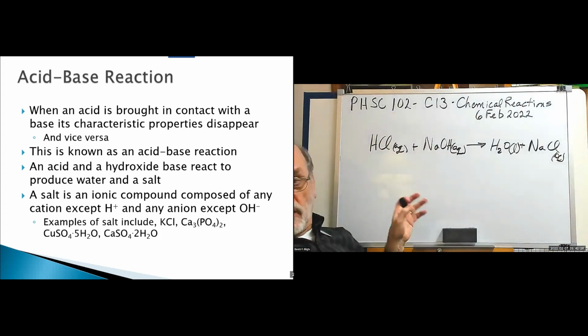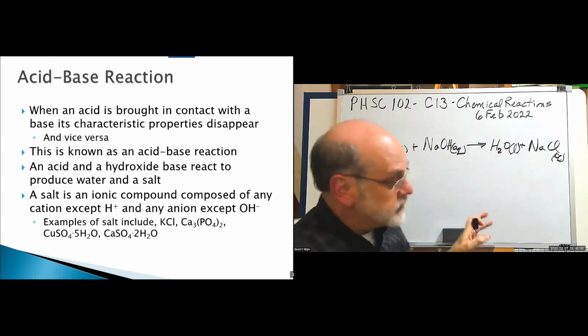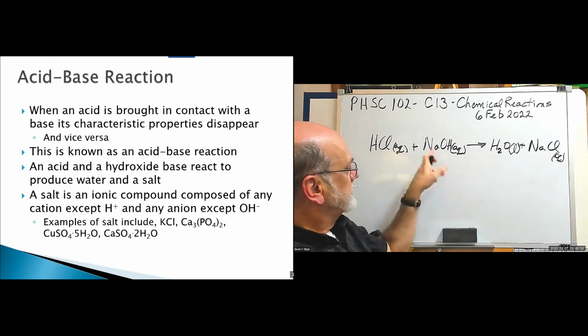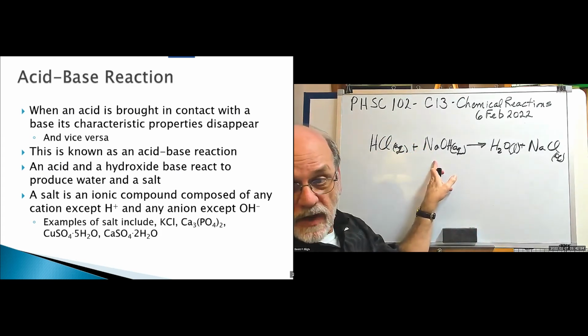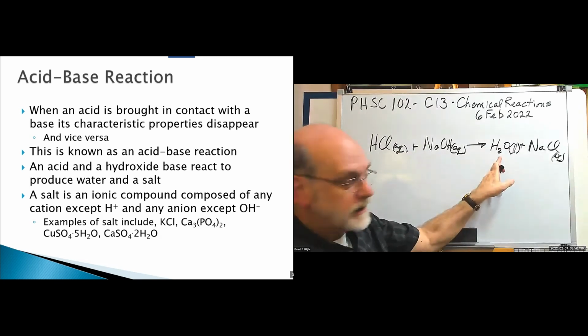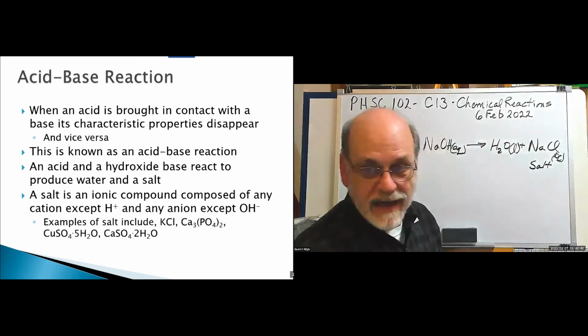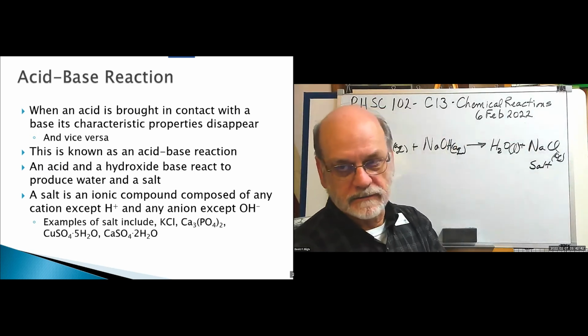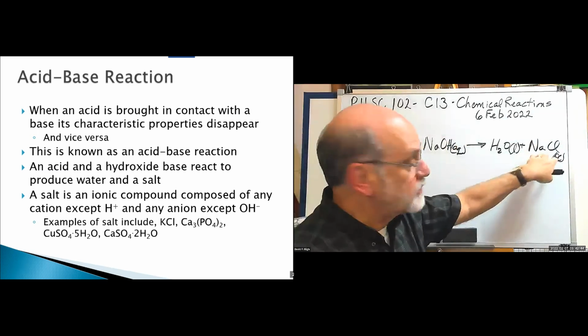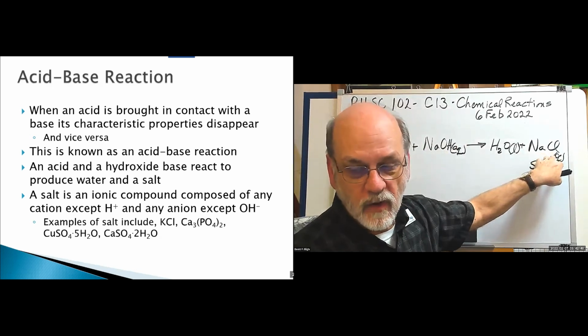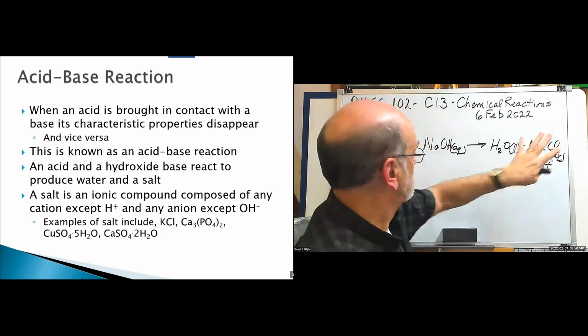Okay, so in chemical terms, what you've got is an acid reacting with a base produces water and a salt. In chemical terms, this could be anything. It doesn't have to be sodium chloride. It doesn't have to be table salt.